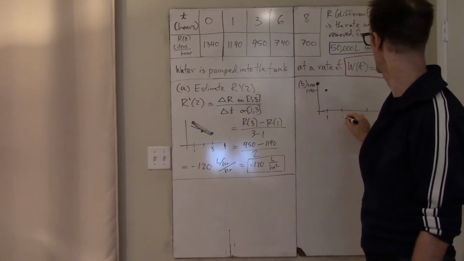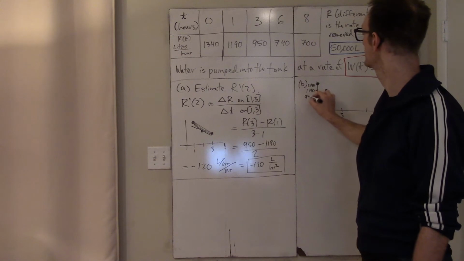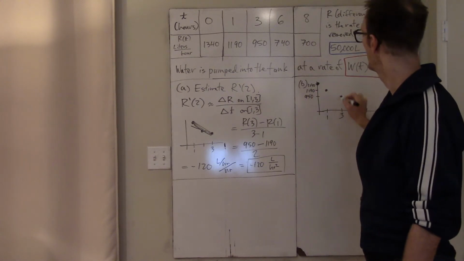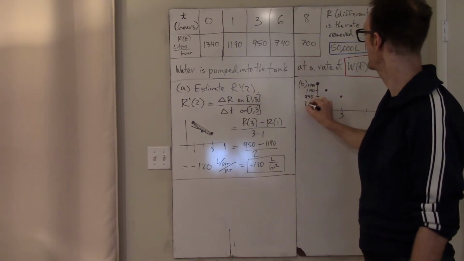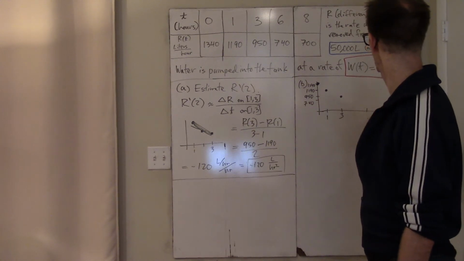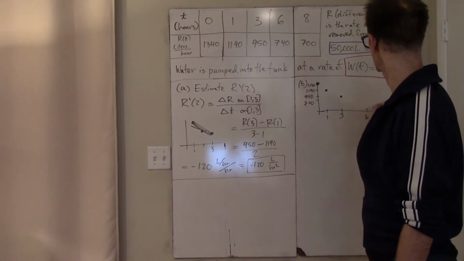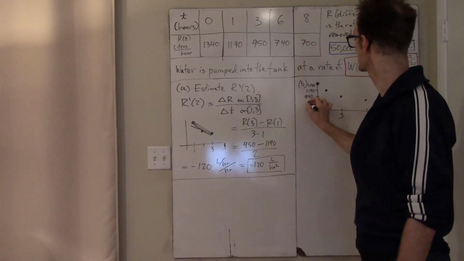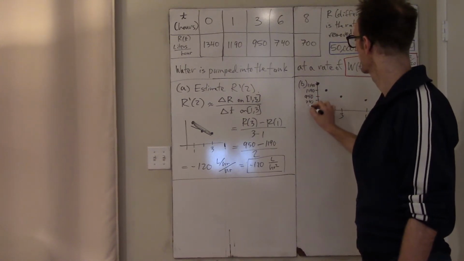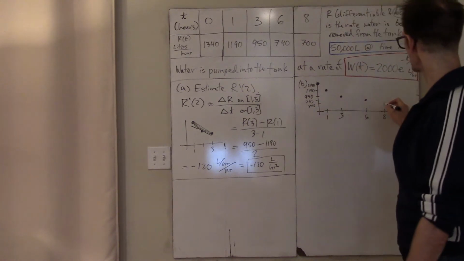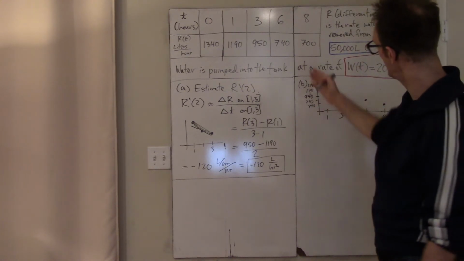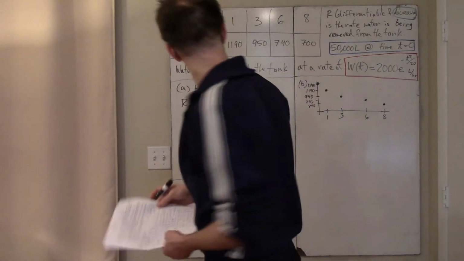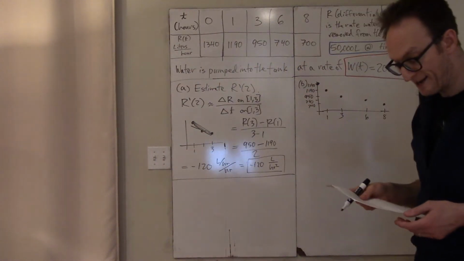Where am I at time 3? 950. Here's what I mean by not that accurate. Where am I at time 6? 740. And that's 6 and that's 8. And where am I at time 8? 700. So that's just going to be a tiny bit less. Okay, 700. And here's 8. Okay, great.